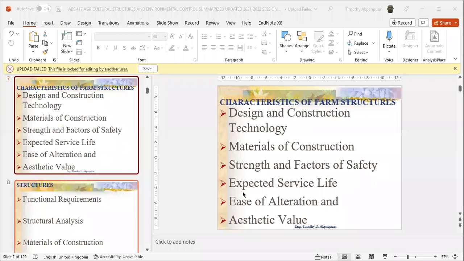But you do what? You add a factor of safety, assuming 5 kilonewton is added during the service life of the structure.